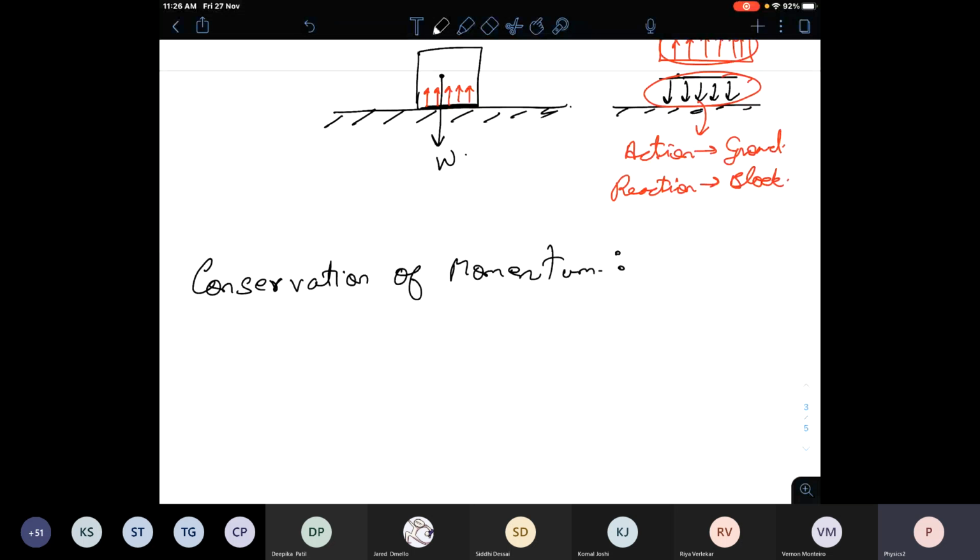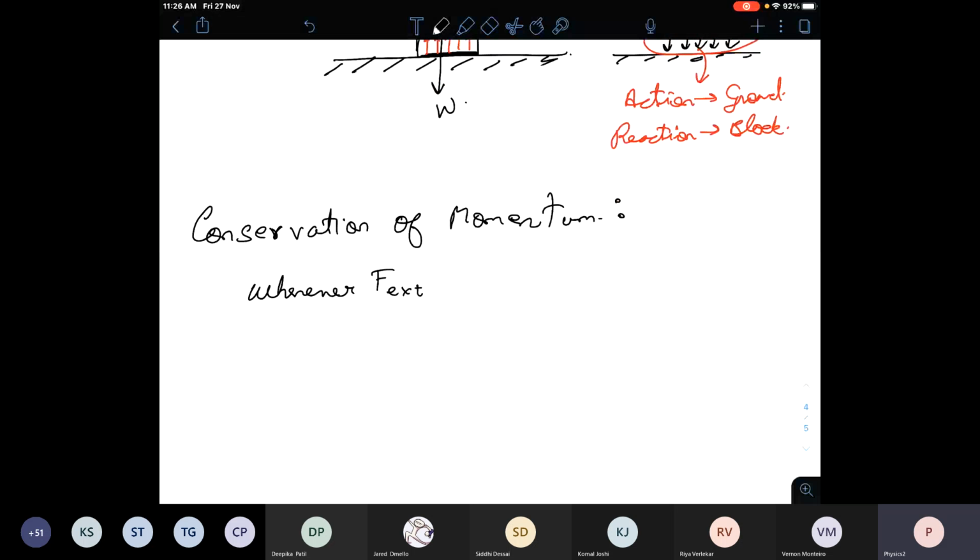So what is conservation of momentum? You know that. Whenever the net external force on the system is equal to zero, this implies that dp by dt of the system, the rate of change of momentum of the system, is zero.